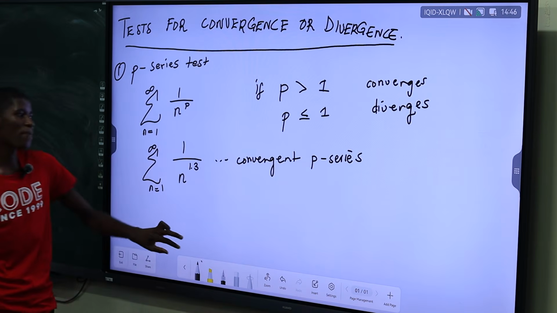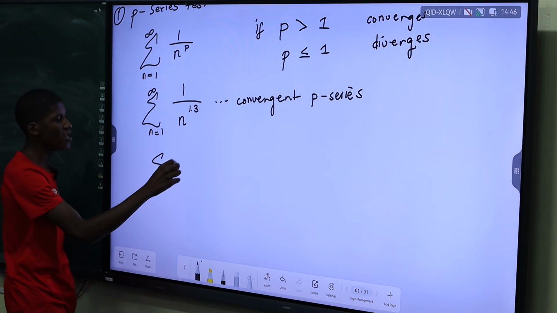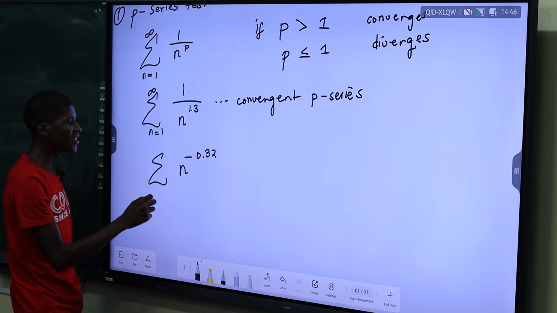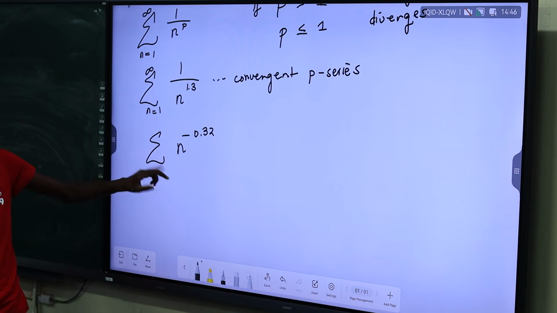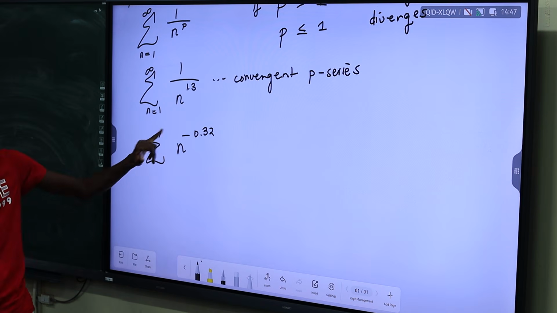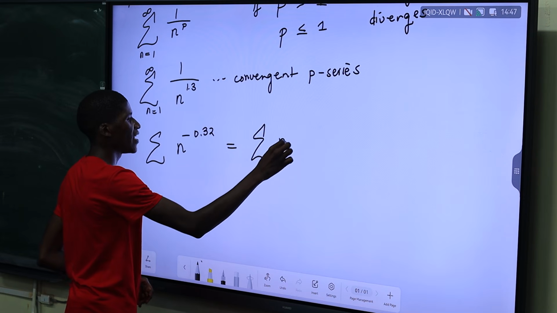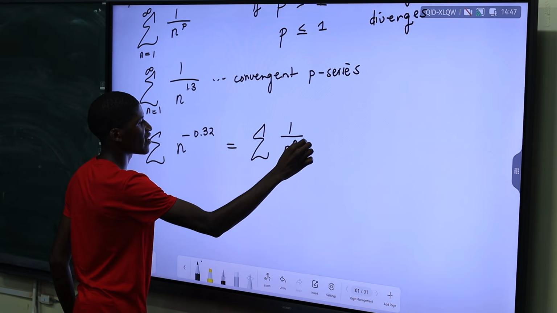It can also happen that you don't always have 1 on top. You can have maybe n to the power of negative 0.32. This is still a p series, because n to the power of a negative exponent is the same as saying this is the sum of 1 over n to the power of 0.32.